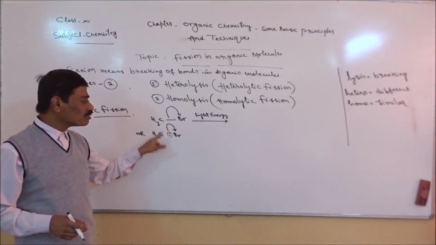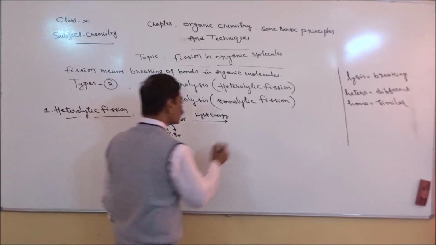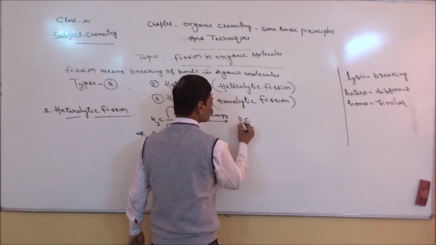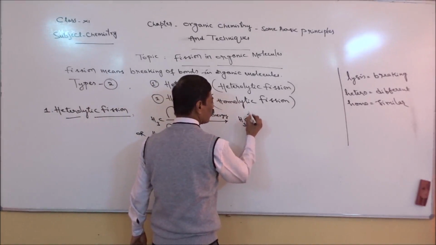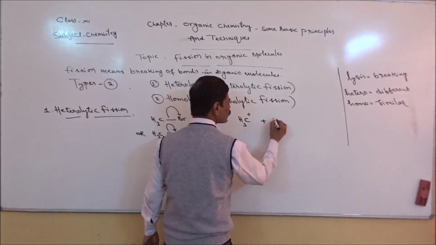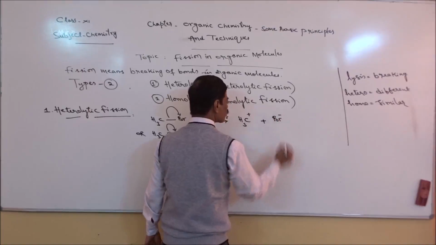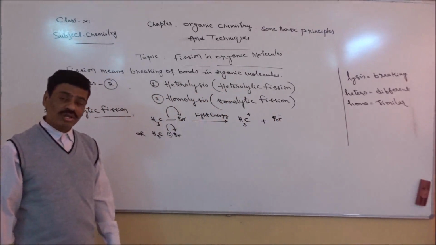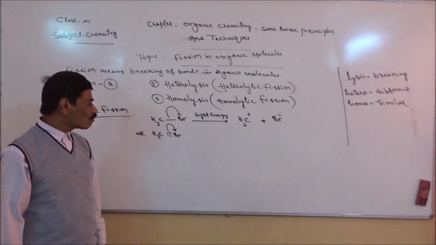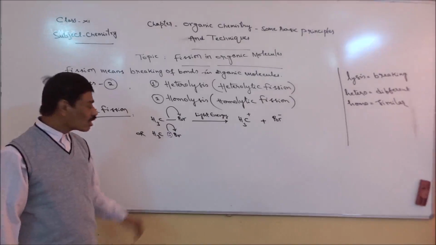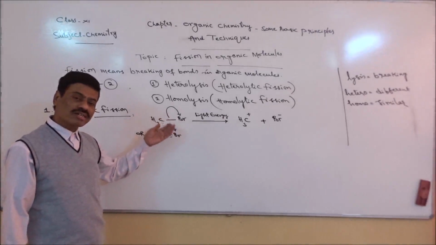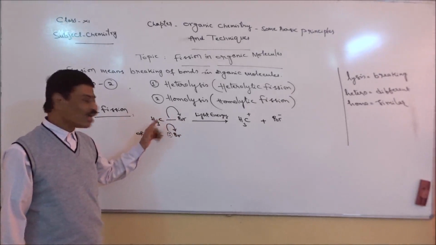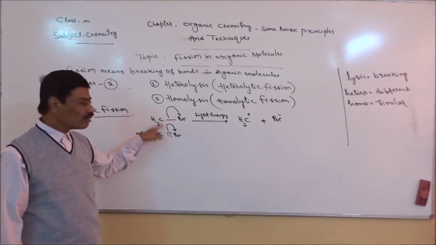This alkyl group is here methyl. As a result, we will get CH3 positive ion and Br minus negative ion. The head of the arrow mark shows movement of that electron pair towards one particle whose electronegativity is greater than the other, that is Br.